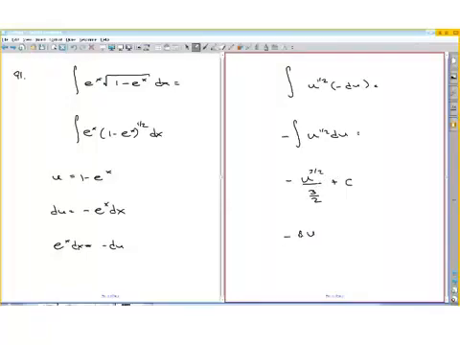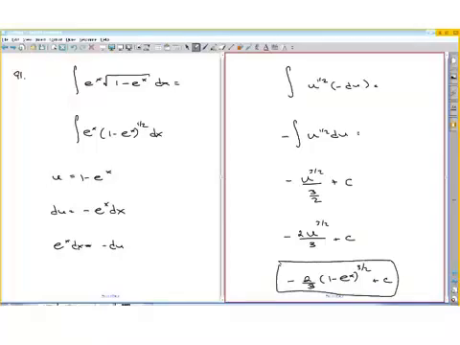So we get 2u to the 3/2 divided by 3 plus c, and then we can substitute u back in. So the answer is 2/3 times the quantity 1 minus e to the x to the 3/2 power plus c. And that's our answer.